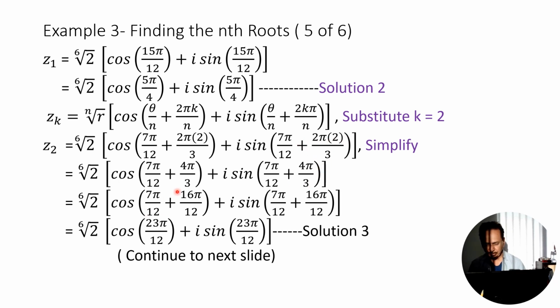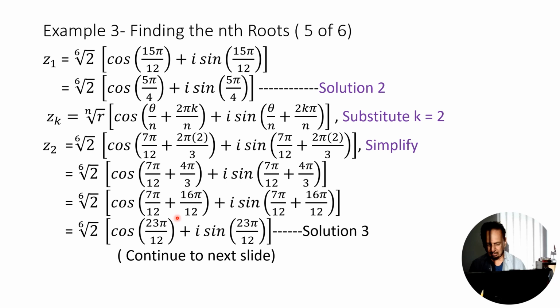Now in order to simplify, we have to multiply top and bottom by 4. So we get z sub 2 equals sixth root of 2 times cosine of 7 pi over 12 plus 4 pi times 4 is 16 pi over 3 times 4 is 12, plus i sine of 7 pi over 12 plus 16 pi over 12.